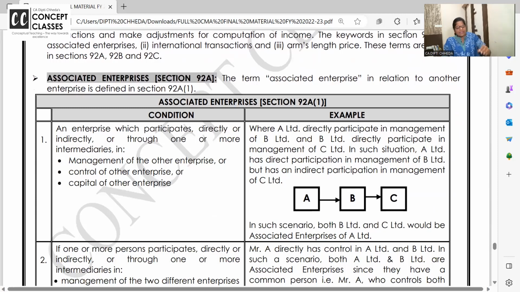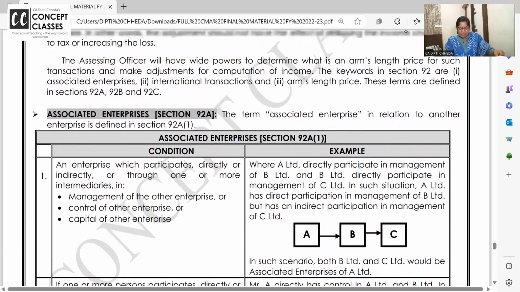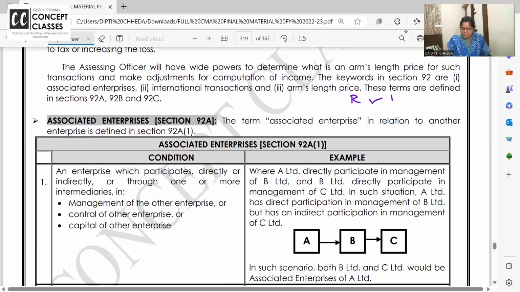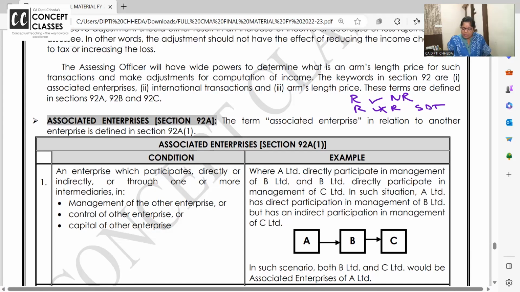For all this transfer pricing, you can write that the transaction should be between a resident and a non-resident. Resident and resident is not covered, except in specified domestic transactions where limits like 20 crore are crossed. I'll tell you about that. Are you getting it? In transfer pricing, one of the parties should be non-resident. Ma'am, can it be between two non-residents? Yes, one of them should have a PE in India.